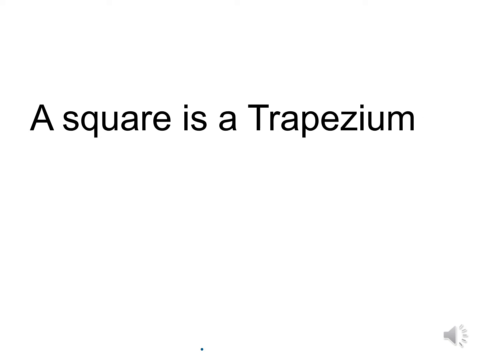Is a square a trapezium? And how do we define a trapezium? The common definition of a trapezium is that it has 1 pair of parallel sides. So a square does have 1 pair of parallel sides, so a square must be a trapezium.